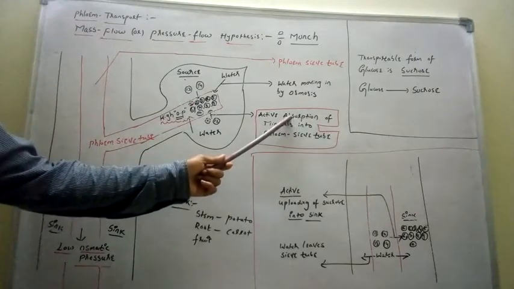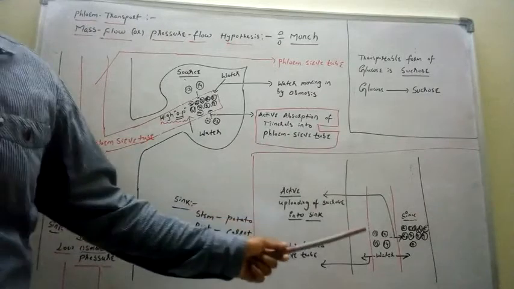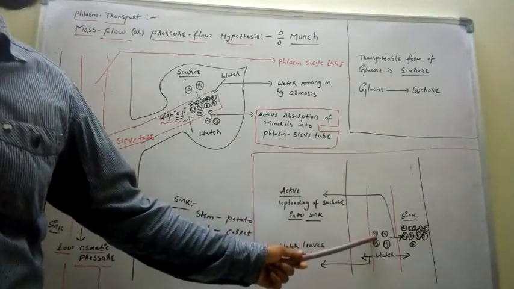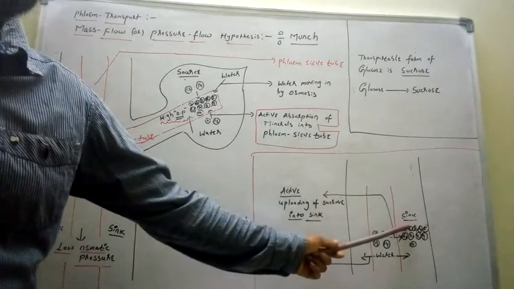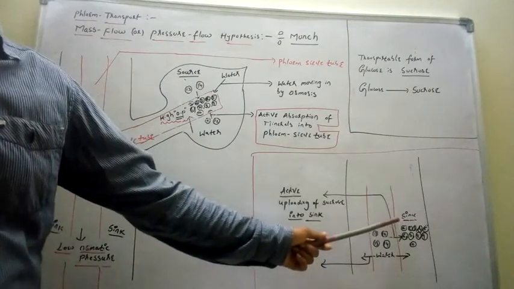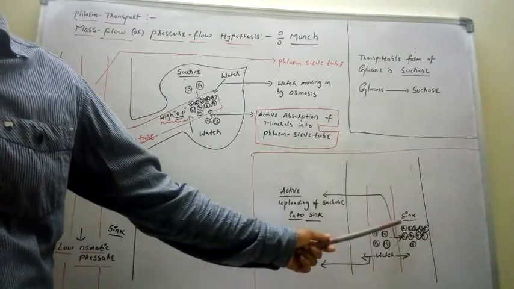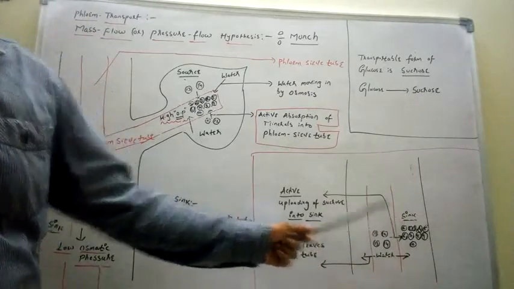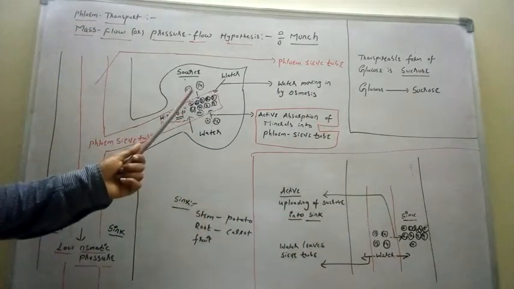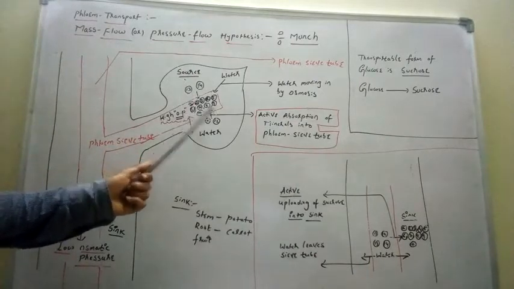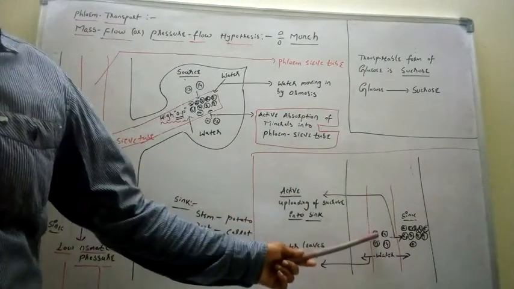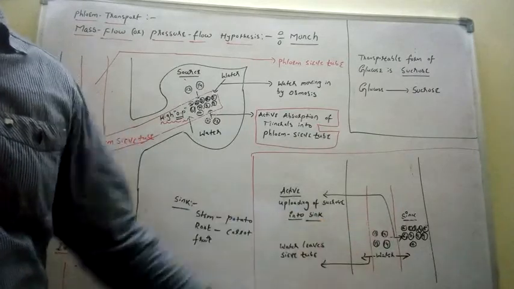The movement of the sucrose molecules from sieve tube into the sink is also active. So both are active. We have to remember the food material is absorbed by an active process. The food material sucrose from source is entering into the sieve tube by active absorption. The sucrose molecules from the sieve tube are entering the sink through active absorption.